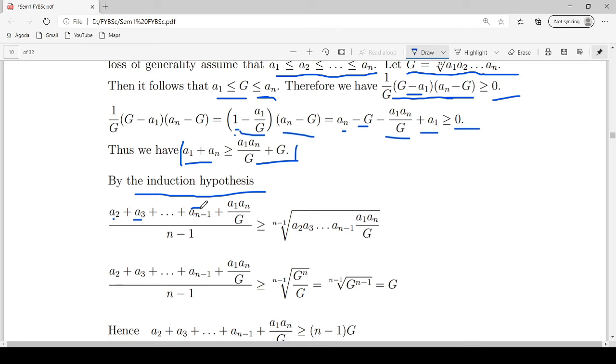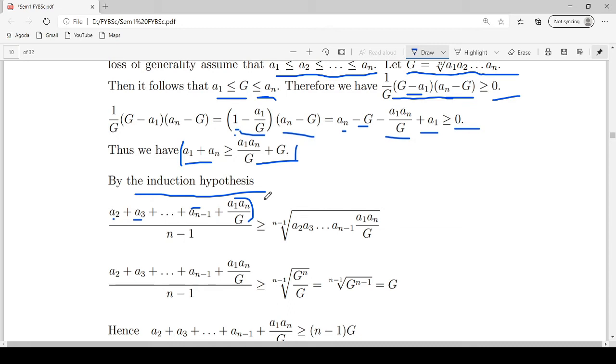These are n-2 elements, and the n-1th element I am choosing as a1 into an upon g. So these are my n-1 elements, a2, a3 up to an-1, and the n-1th element I have chosen as a1 into an upon g. On these n-1 elements, I will apply my induction hypothesis.